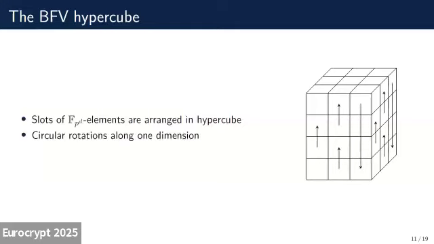One crucial operation that we need in the BFE scheme is permuting these plaintext slots. In this example, you can see a permutation in the vertical dimension. This means that each slot will be moved up by one position, and then the top slots move back to the bottom. For that reason, these permutations are also called circular rotations.